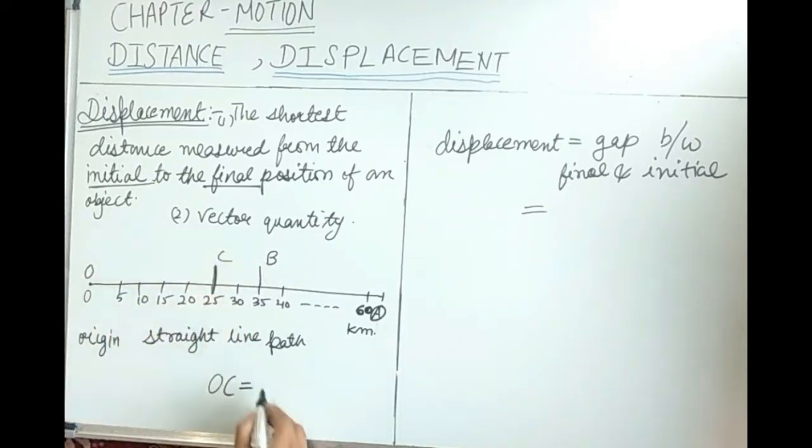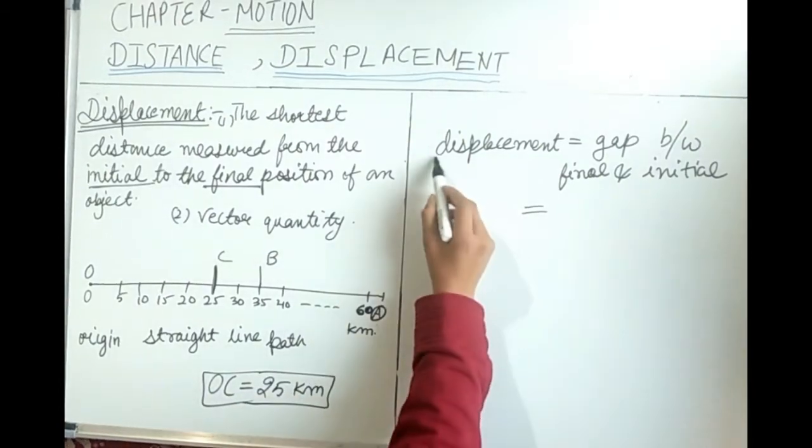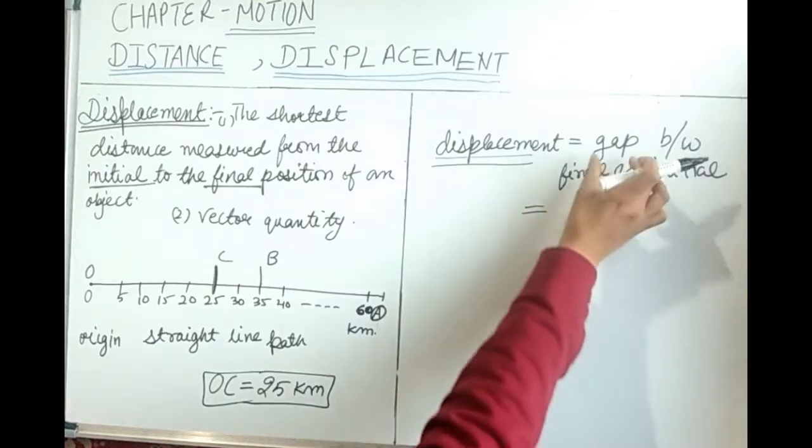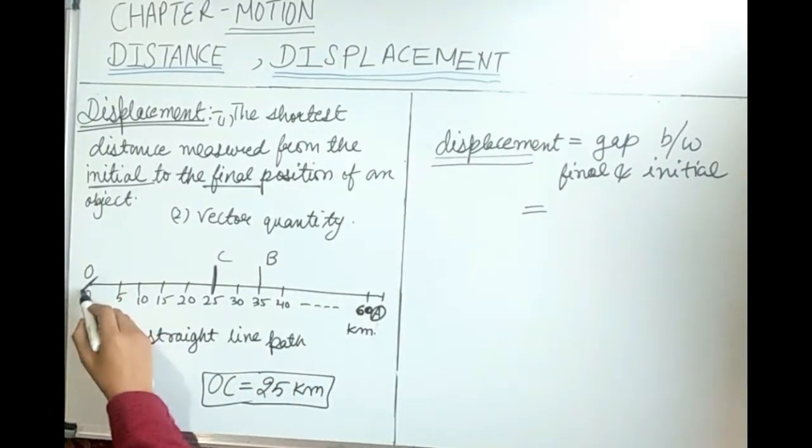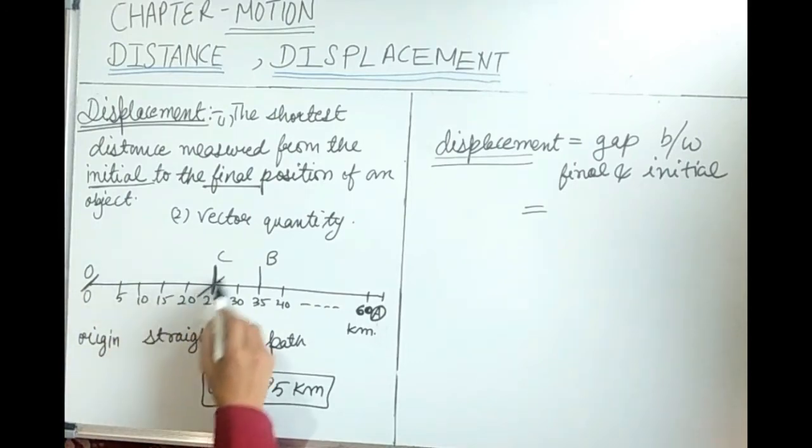So OC is the distance between initial and final position. OC is equal to 25 kilometers and that is the displacement. What we have discussed? Displacement is the gap between initial and final position. This is the initial position and this is the final position. How is this the final position?